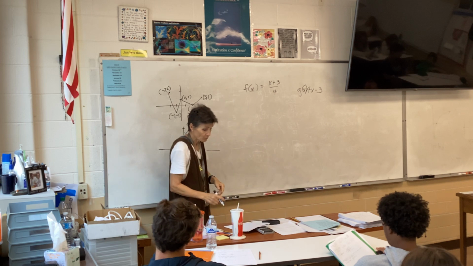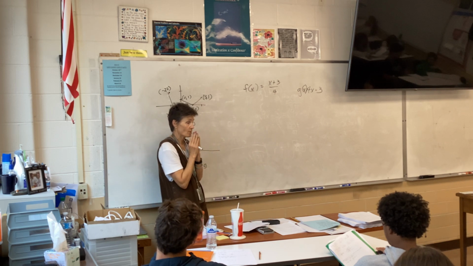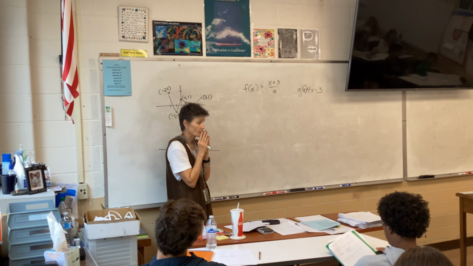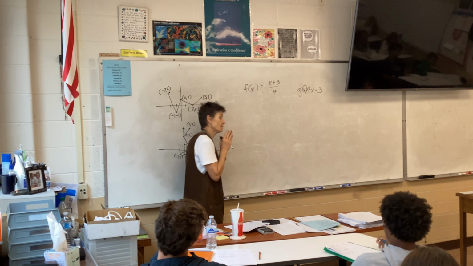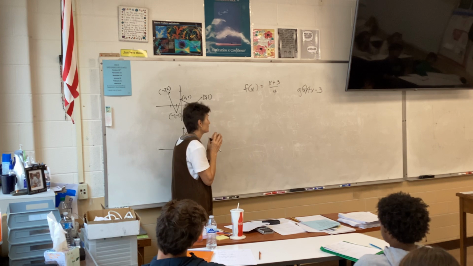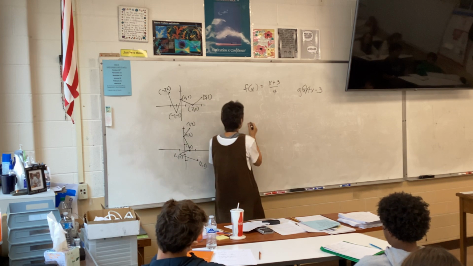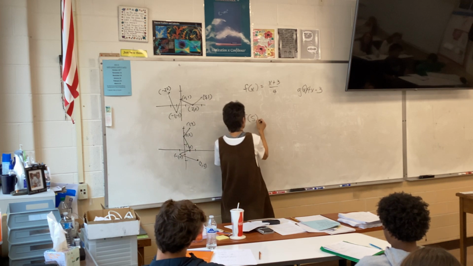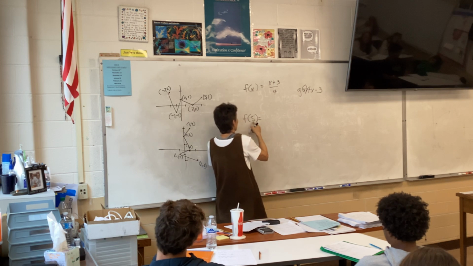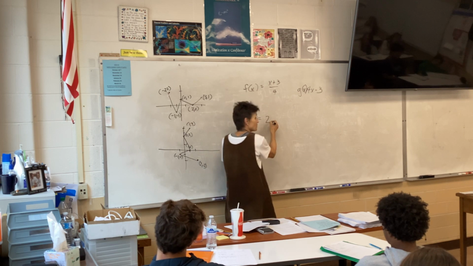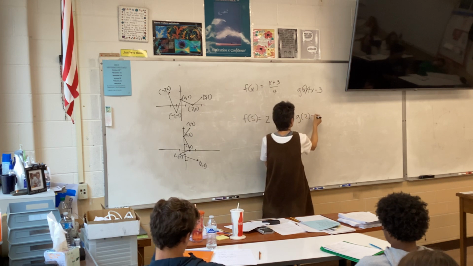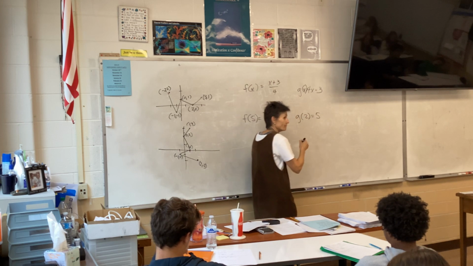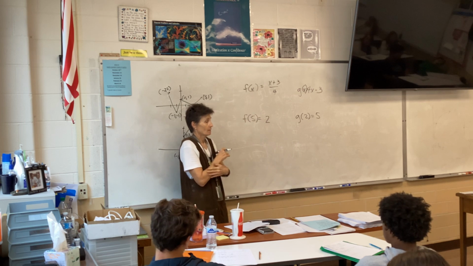And we're going to prove that these are inverses. Now a random kid out in the hallway might say, well, according to these functions, f of 5 would be 2, and g of 2 would be 5, so they're inverses.